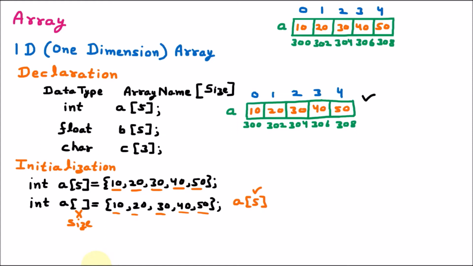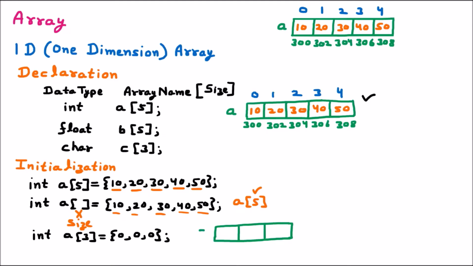Now we are taking one more example here. Let us suppose that I am writing int a[3]. Now afterward I am saying, let's say, 0, 0, 0. That means declare an array whose size is 3. So we have an array a whose size is 3. That means 3 elements can come here. Let's say the address starts with 300.